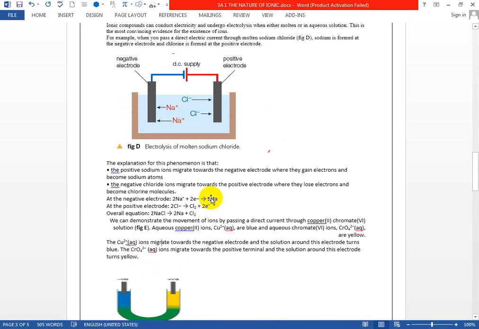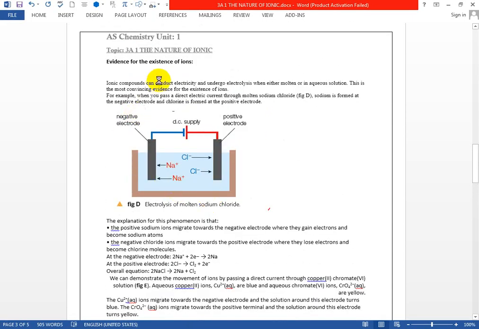we can show the evidence of the existence of ions in two ways, first by electrolysis. Here positive ions move to the negative electrode, and negative ions move to the positive electrode.